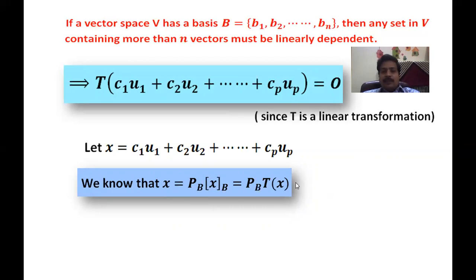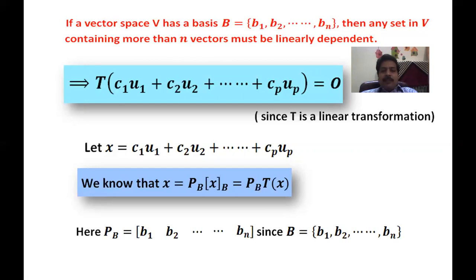Here xB is denoted by T of x. T of x is nothing but xB, the coordinate map of x. Here PB is a matrix formed by using the vectors in the basis of the vector space. So here b1, b2 and so on bn, these columns will form the matrix PB.